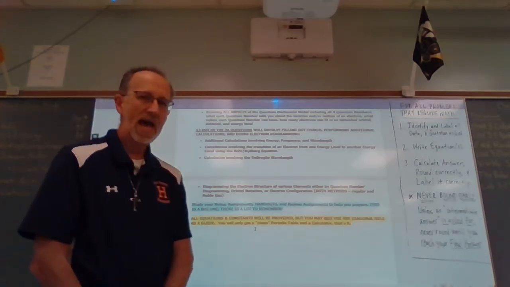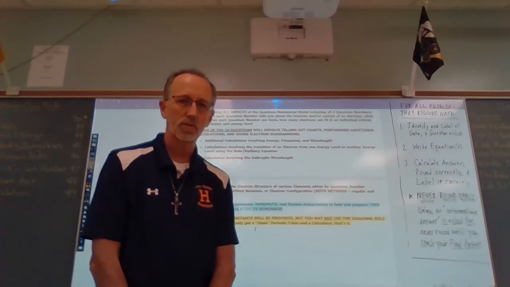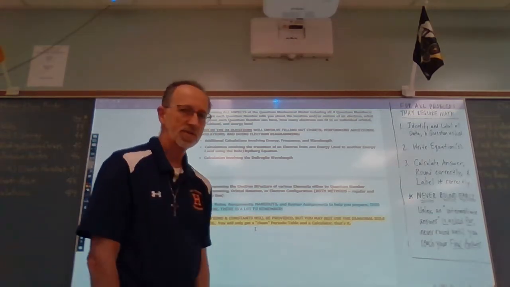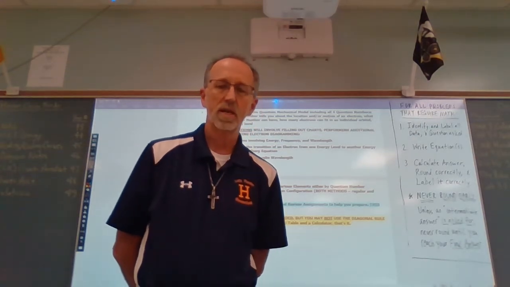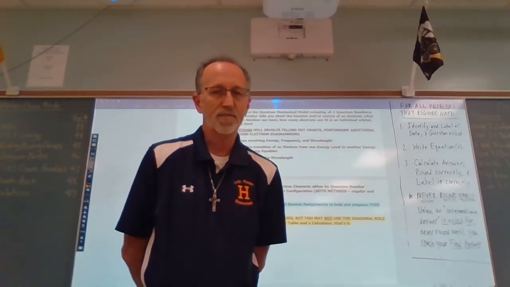All right, you absolutely need to know the diagonal rule, especially when you're doing these electron configurations, all right? You have to have committed it to memory, which means you either need to be able to reproduce the diagonal rule on your exam, or, again, if you can just see it on the periodic table, it's there.